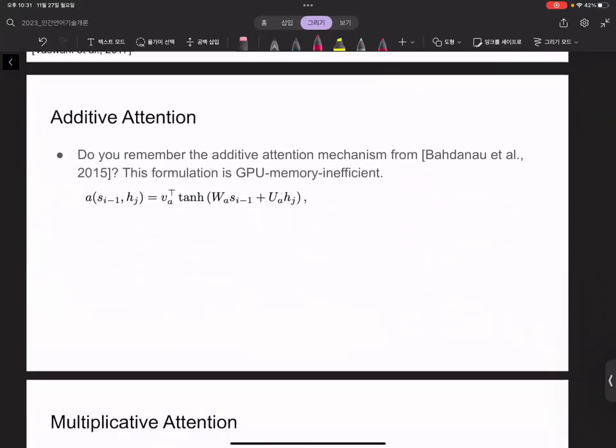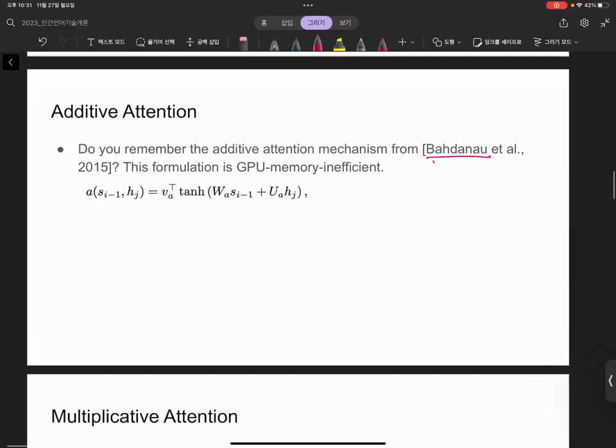Okay, now the additive attention. In the last lecture, we studied the Bahdanau attention, which is additive attention, and this formulation is actually GPU memory inefficient.